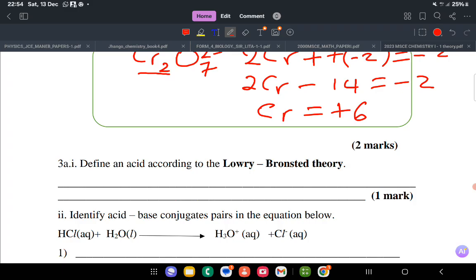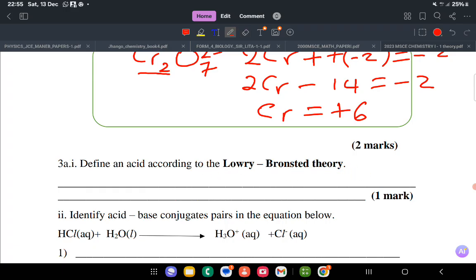But in MSCE and beyond, we shall define an acid using a theory known as Lowry-Bronsted theory. The Lowry-Bronsted theory states that an acid is a proton donor. All right.